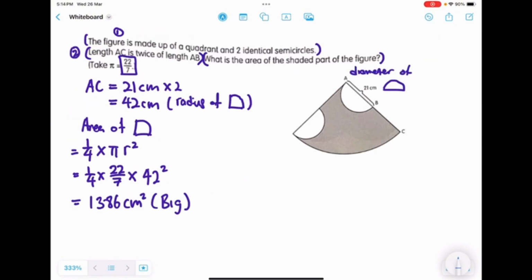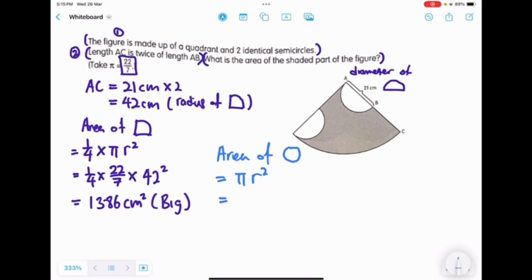Now that I found my big, I want to find my small. Looking at the image over here, I can see that my small is actually just two identical semicircles. Now, what does two identical semicircles give me? If you think about it, we add them together, it will just give me one circle with the diameter of 21 cm. Alright, and I know that the area of circle is simply just pi r square.